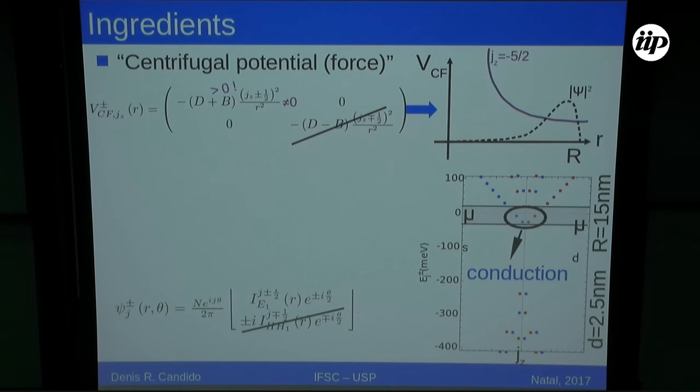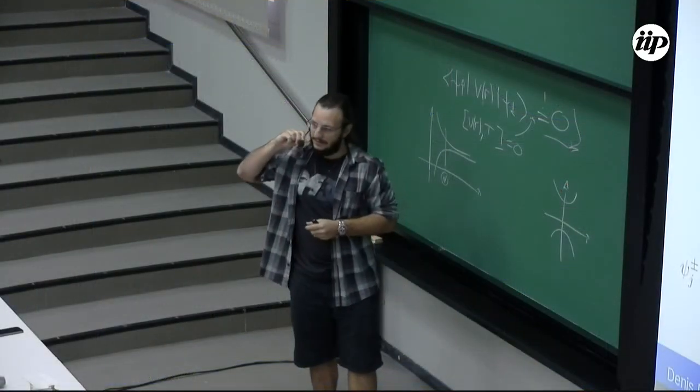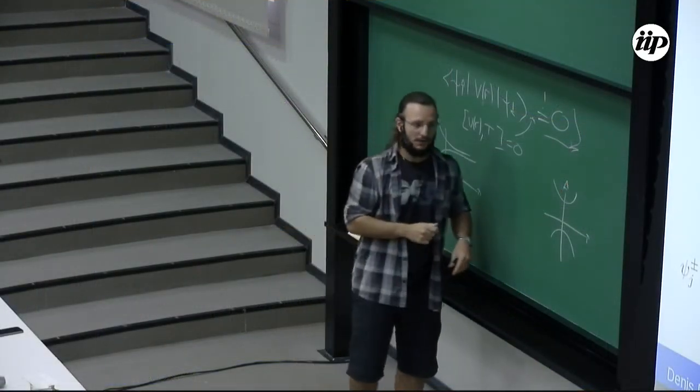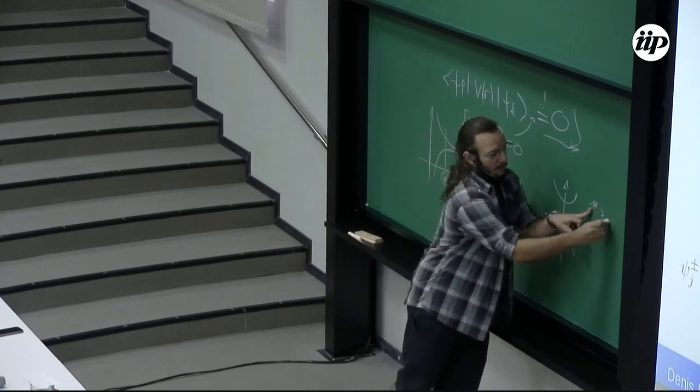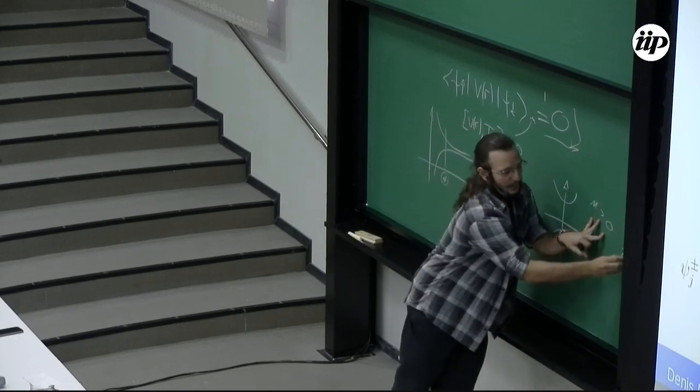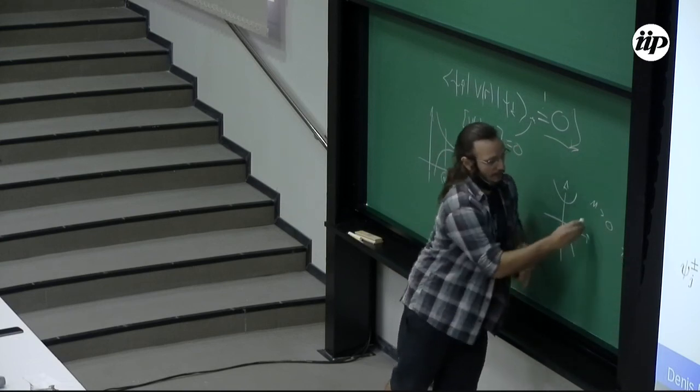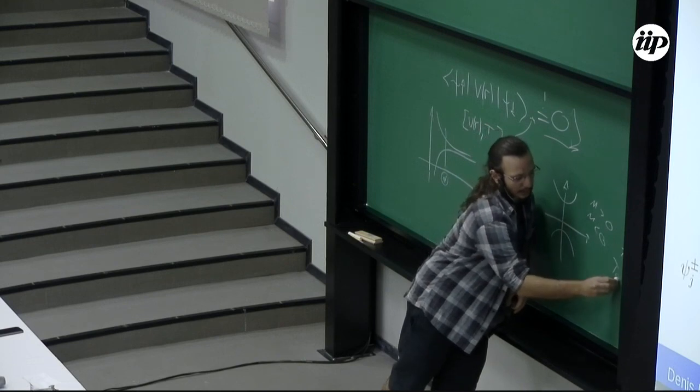I should mention an important point here: we do need to have a constraint in these parameters. The BHZ model is just an effective model that describes two subbands. The M parameter inside the BHZ could be greater than 0, which means you are in the trivial regime, or less than 0, which means you are in the topological regime.